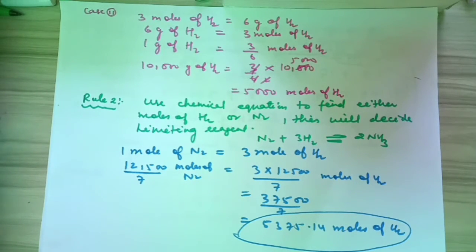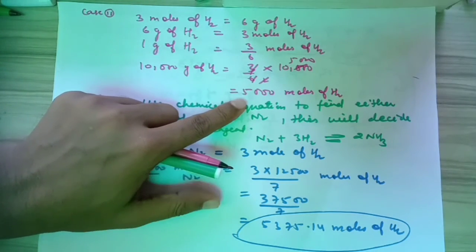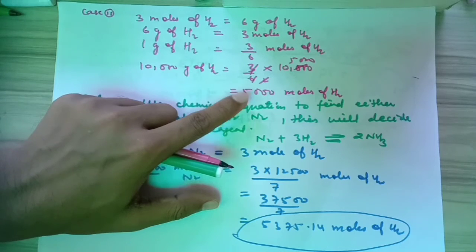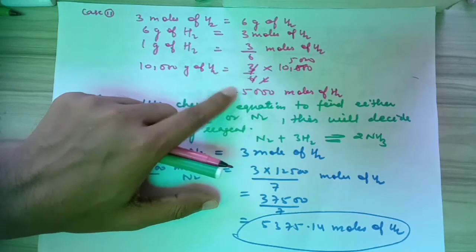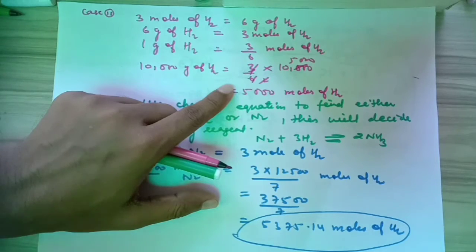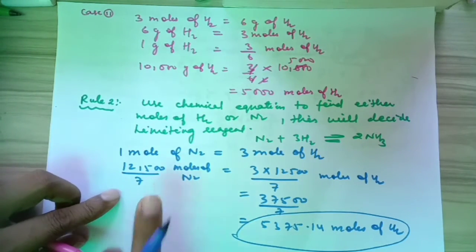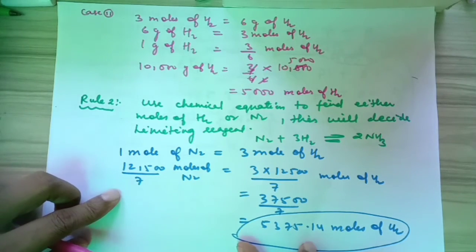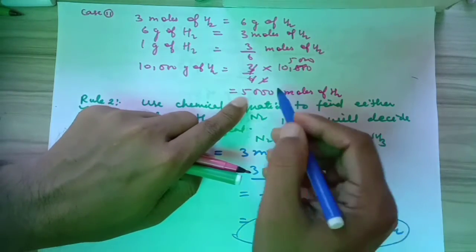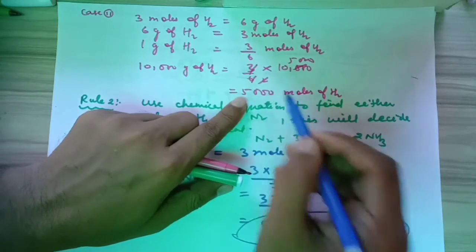but in the calculation we found out that it is 5000 moles of H2. So we can say that this amount is consumed first. This amount got consumed first. So we can use this amount, but in the given equation we say that for 10,000 gram of H2 we have 5,000.